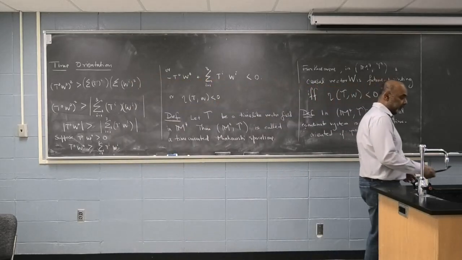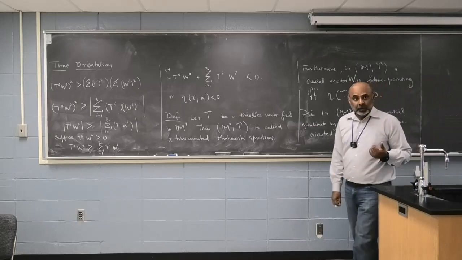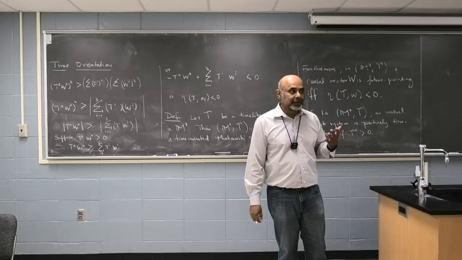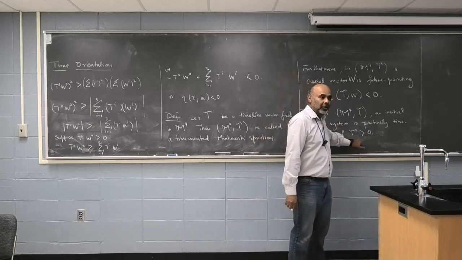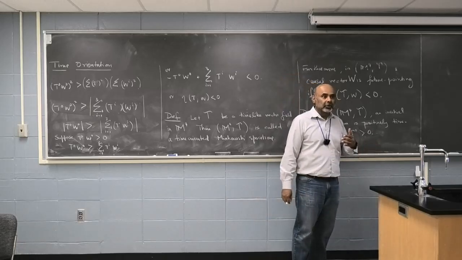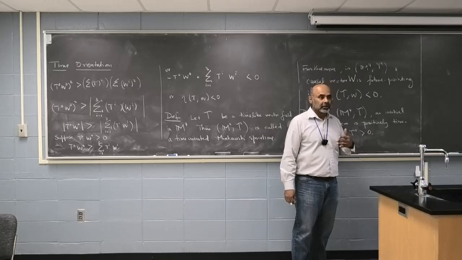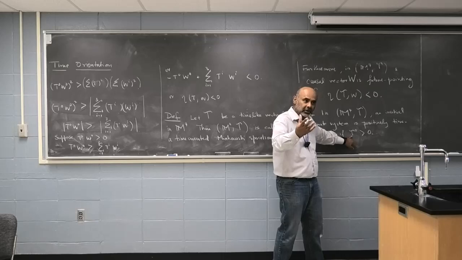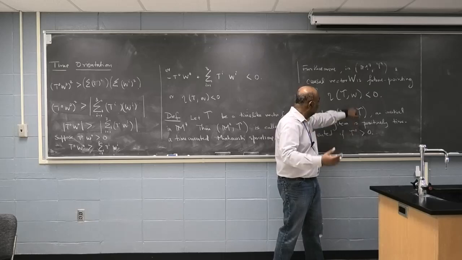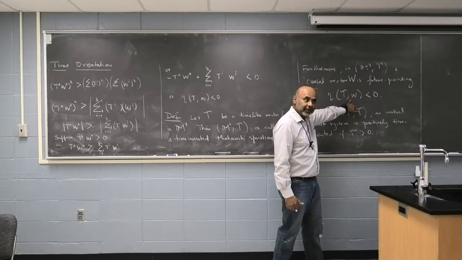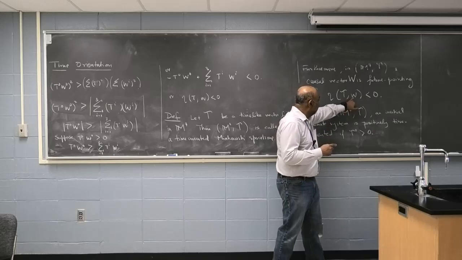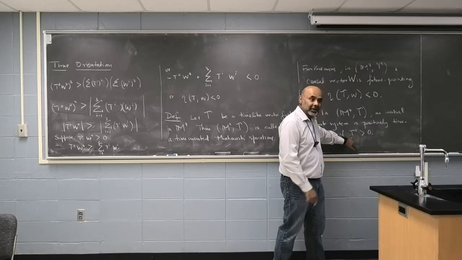Now let me tell you why. I'll let you write that down first. First of all, you want a vector to be future-pointing if the time component is greater than 0, meaning you're flowing to the future. But if this is true, suppose you have another causal vector that is future-pointing. Then from the previous theorem, what do you know? W0 times T0 has to be greater than 0.